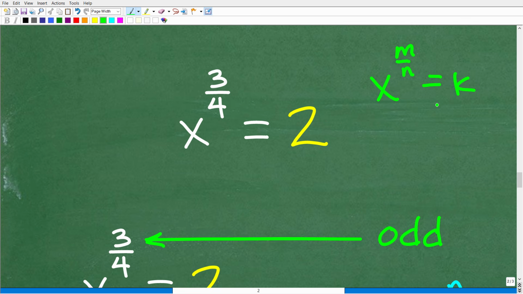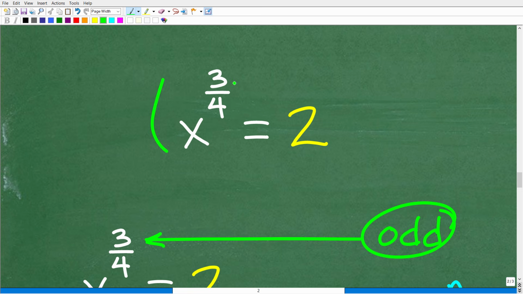All right, now let's notice right off the bat that we want to pay attention to that numerator, and it is odd, and you're going to see why that's important, right? Because if it's odd, we're only going to have a positive root. Now, what is the step that we need to take in order to find x by itself? Well, we're going to raise both sides of this equation to the reciprocal of this rational exponent.